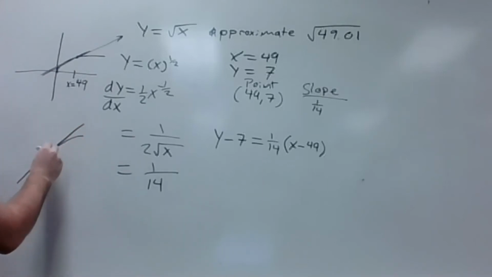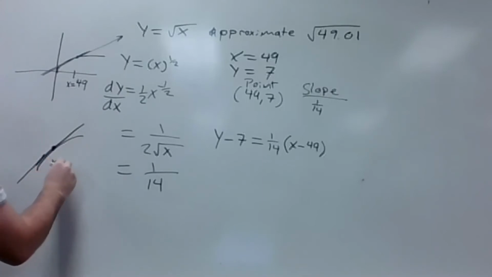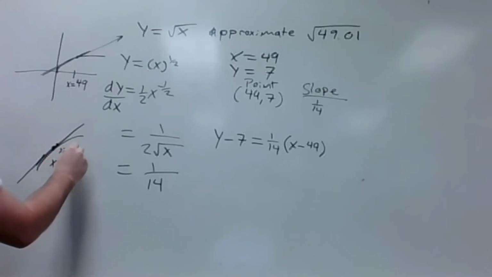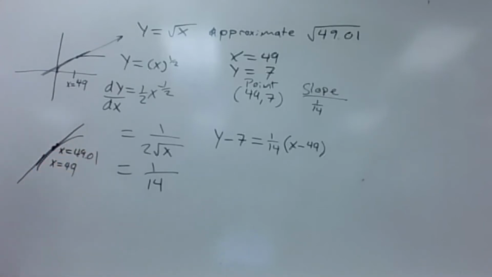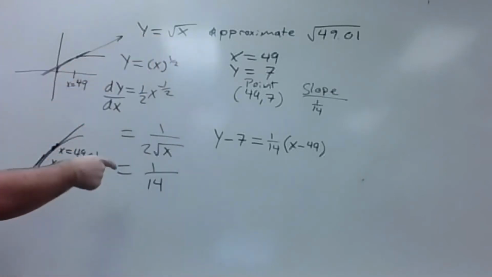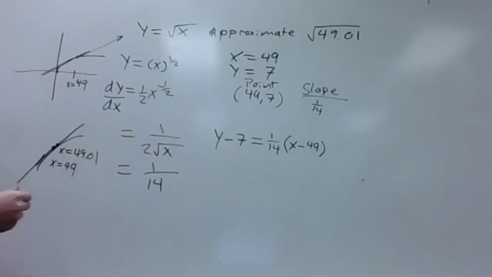So if we go to x equals 49.01 and we're using a line, it's not going to come out much different than if we were using the curve. So it's called an approximation because it's not the exact answer, but it's going to be really close to our exact answer.